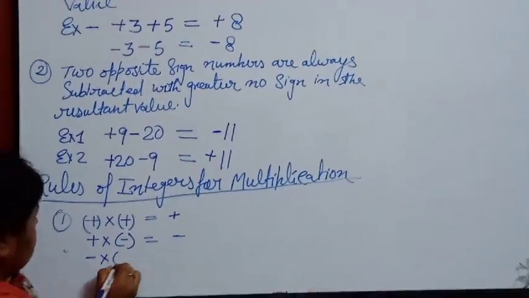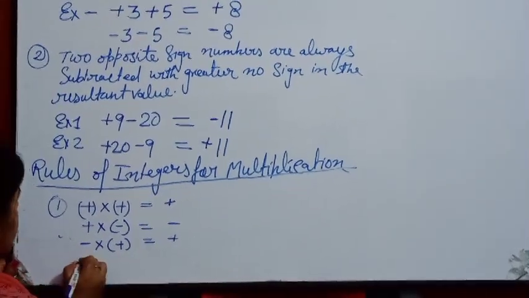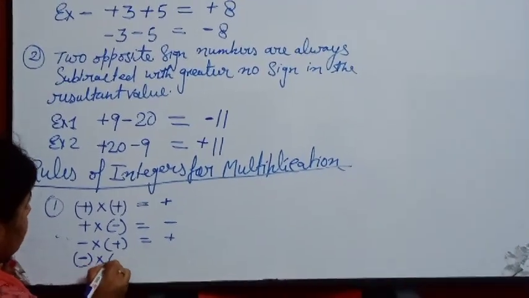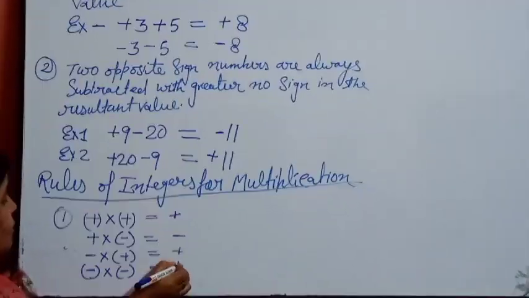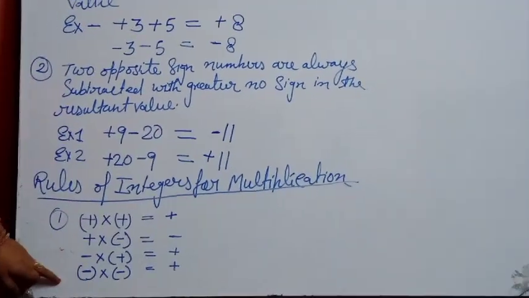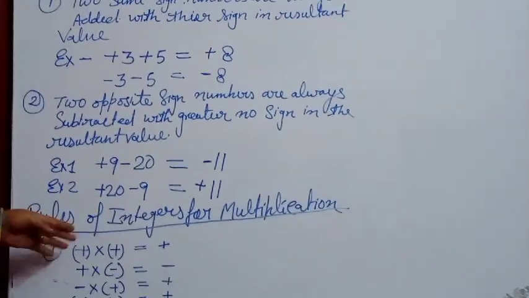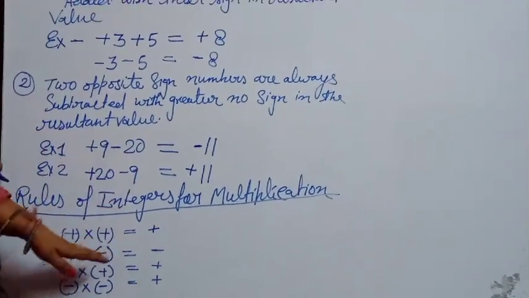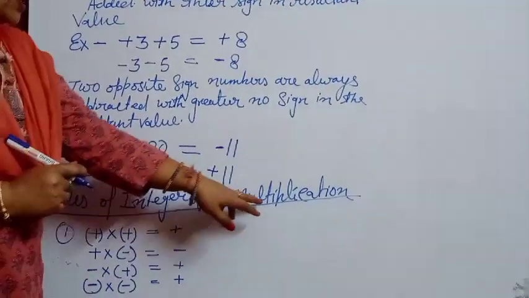Minus into plus, always plus, and minus into minus, always plus. If we multiply two times, we will use these signs. If we open brackets, and before the bracket there is another sign, or inside the bracket there is another sign, at that time also the rules of integers will be applied.